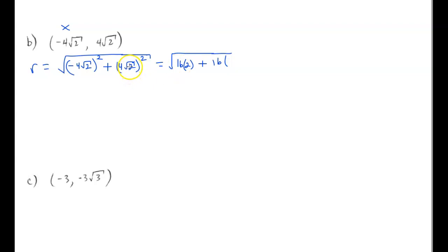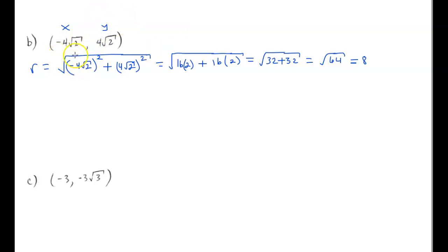And square root of 2 squared is 2. So we basically have 32 plus 32, which again is going to be 64, and square root of that is 8. So we know what our radial component is.